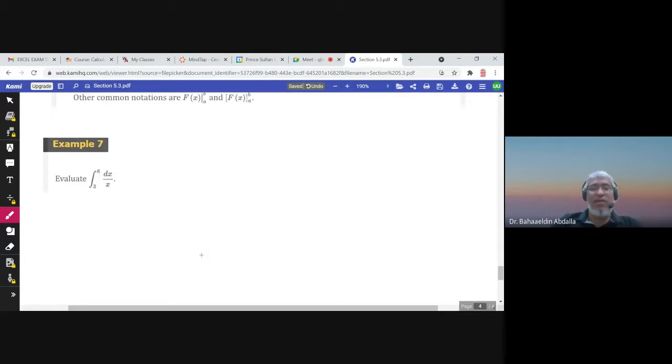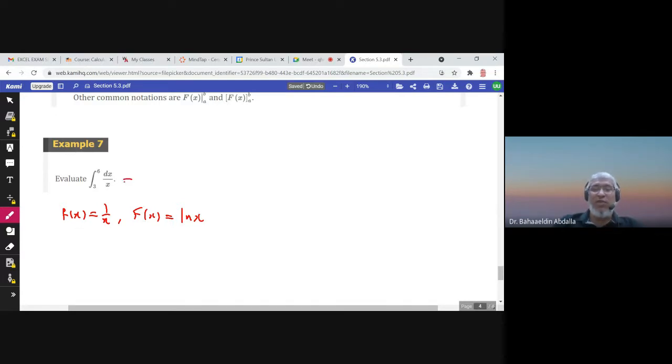So for example, to find this definite integral, if small f of x is 1 over x, I need a function capital F of x which has 1 over x as a derivative. So what is the function in which you differentiate, you get 1 over x? If you remember, it's ln x. The derivative of ln x is 1 over x. So capital F is an antiderivative of small f.